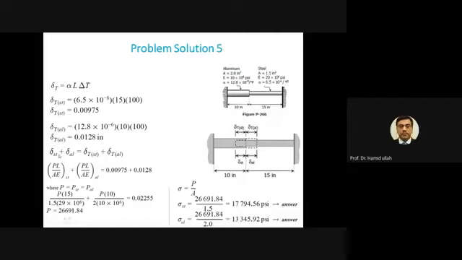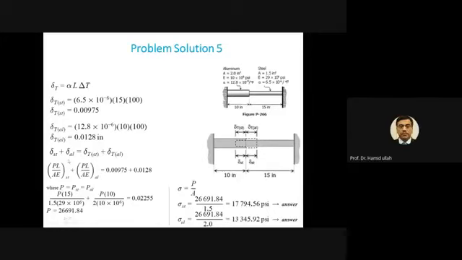Whatever elongation the steel wants to make and the aluminium wants to make, overall the compound bar wants to make this much elongation, but this is not allowed, because the steel is offering resistance and the aluminium is offering resistance. So left side equal to right side means no elongation, no motion, no expansion of the body is allowed.